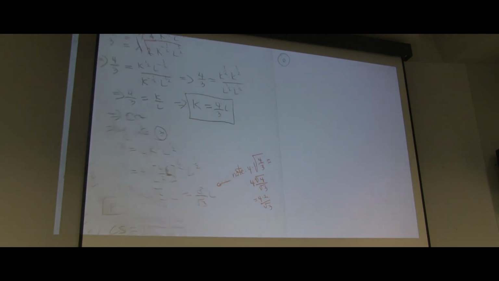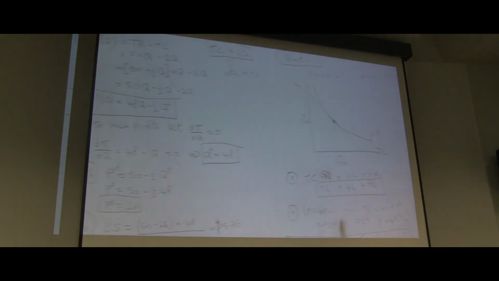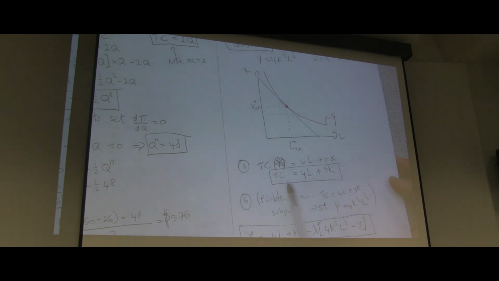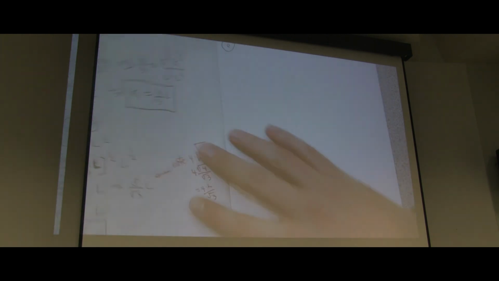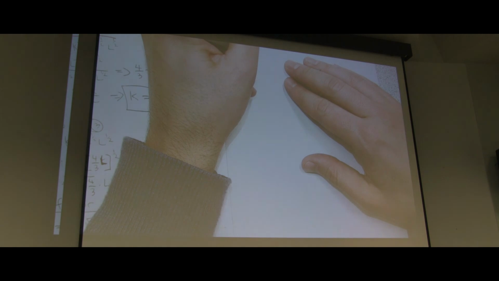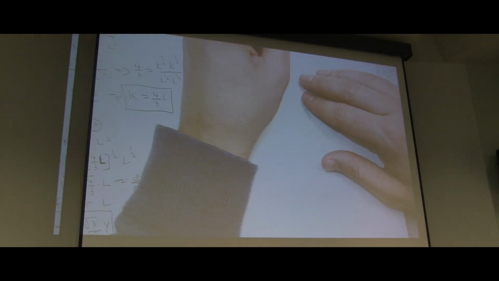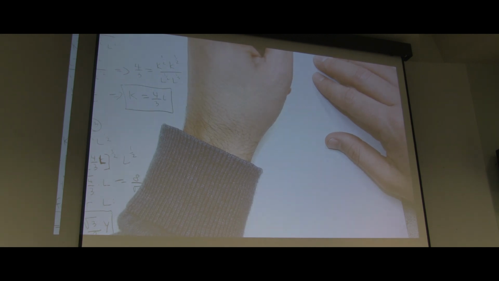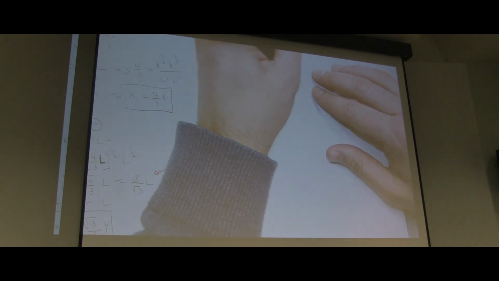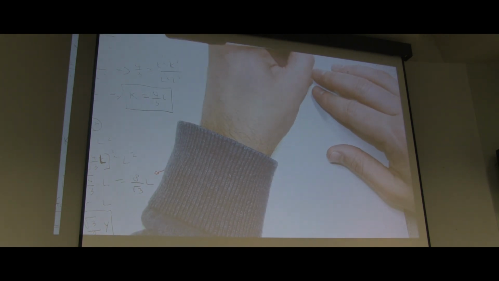So, we know that the cost, going back to our original question, the cost is 4L plus 3K. So, the long run total cost, LTC, that's how I wrote it, is 4L plus 3K. So, 4L star plus 3K star.